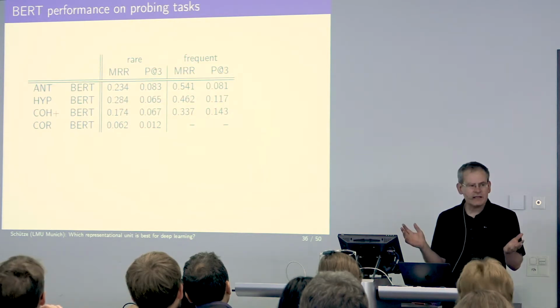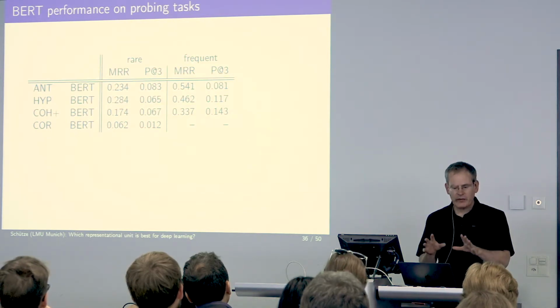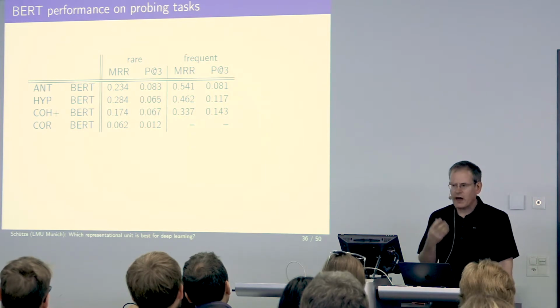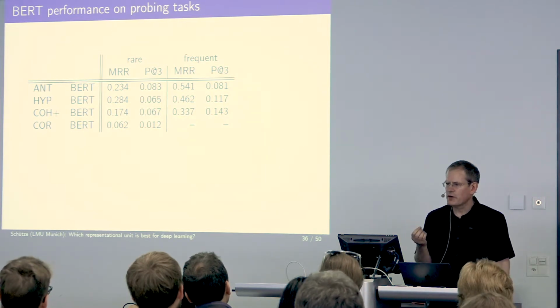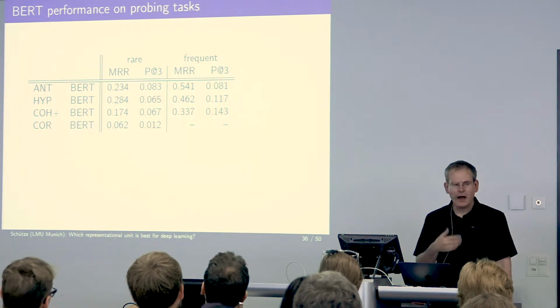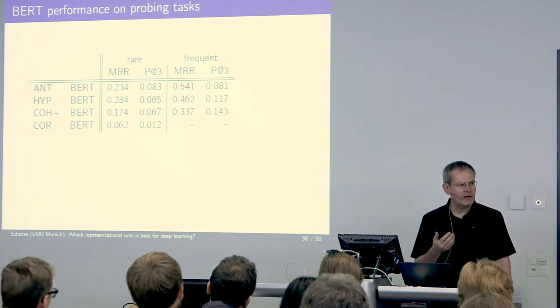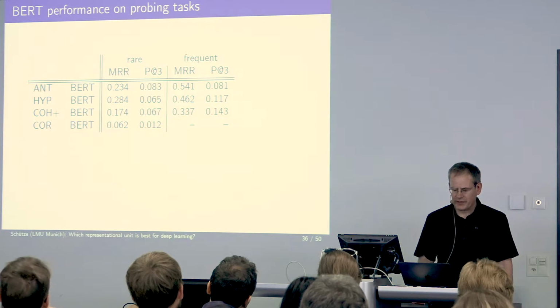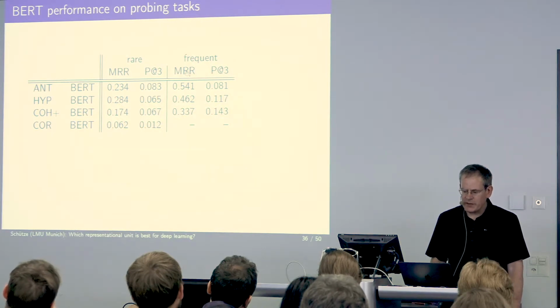So we can easily generate a large benchmark here, and we can run BERT on it, and then we can see how well BERT did on these probing tasks, and we infer from that how well BERT has learned the meaning of these words. The evaluation measure we use is mean reciprocal rank.